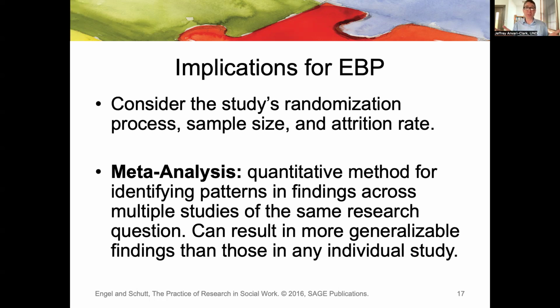How large was our sample size? I mean, to the extent that we only have 5 people in our study, that's not a whole lot. Whereas if we've got 500, that's going to provide us with some much greater statistical analysis. The attrition rate. Did people actually stay in the study? So that has a big impact.